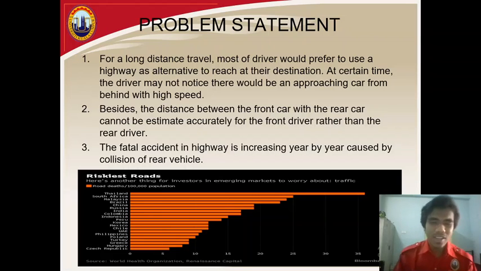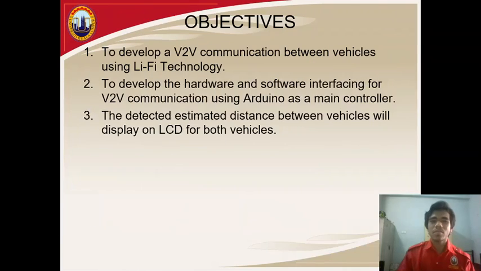in the Asian region. Next, the objectives. My objective for this FYP is to develop a V2V communication in vehicle using Wi-Fi technology, which is a success, and to develop the hardware and software interfacing for V2V communication using Arduino as the main controller, which is experimental analysis, also a success.